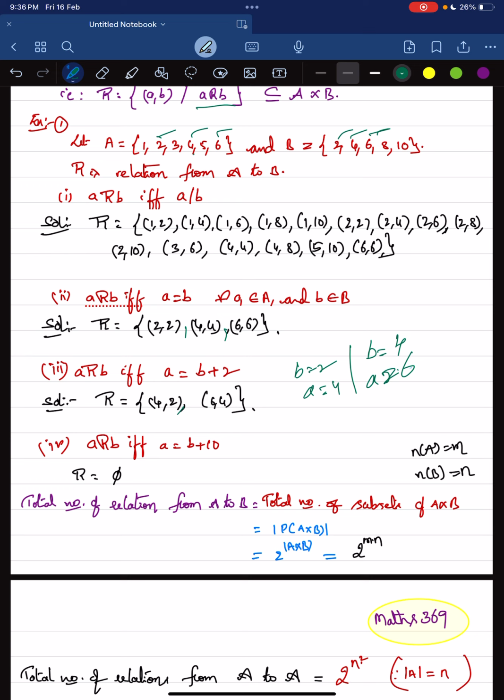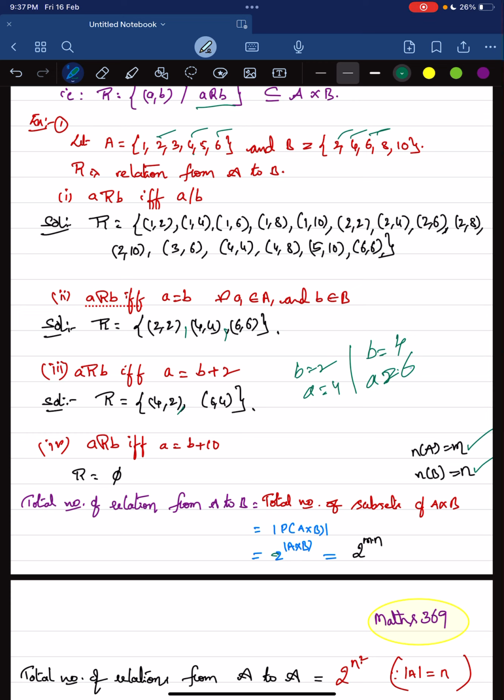Now the total number of relations from A to B equals the total number of subsets of A cross B. If A has m elements and B has n elements, then the cardinality of A cross B is mn. Therefore the total number of subsets is 2 power mn.